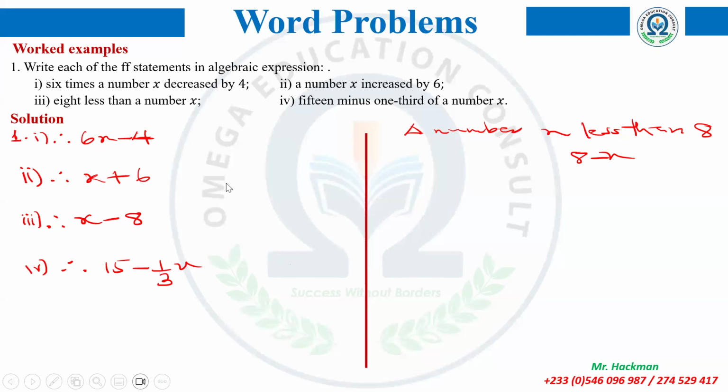A over B is the same as 1 over B times A. So it's the same. Is that okay? Yes. All right, so we can write this as x over 3, but because we said 1/3, I wanted to make the 1/3 clear. It's 1/3 of what? x. As simple as that.